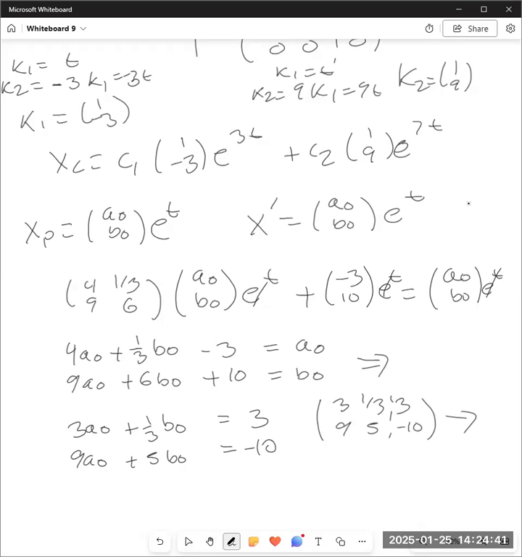Let's go ahead and do that. In matrix edit, this is 2 by 3. We have 3, 1, 3, 9, 5, and -10.